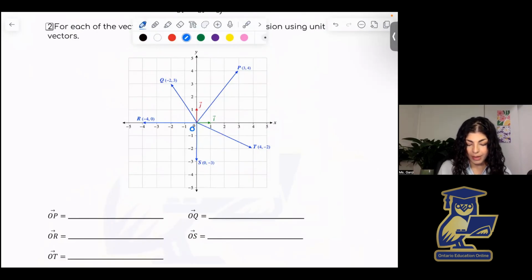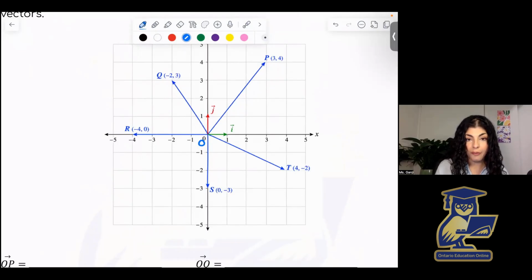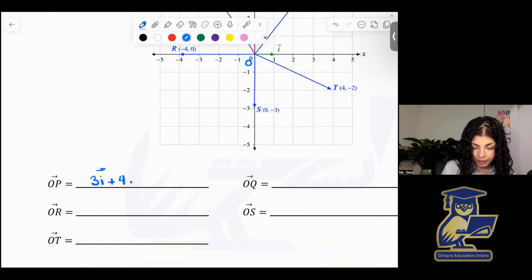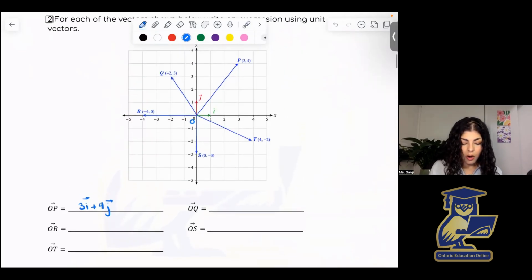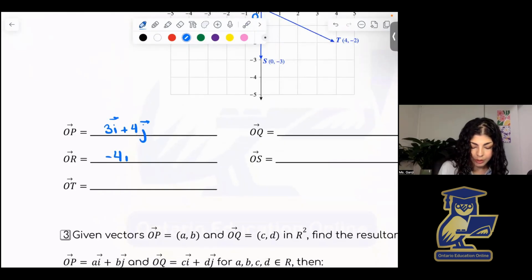Starting with OP, its x component is 3, which means my i unit vector is being multiplied by 3, and my j vector is being multiplied by 4. So this is 3i plus 4j. For OR, we have -4 times the unit vector i.